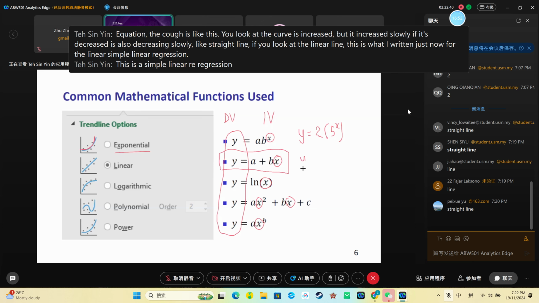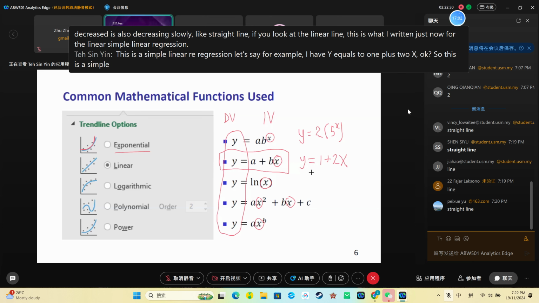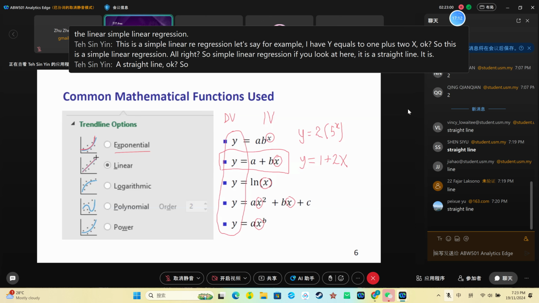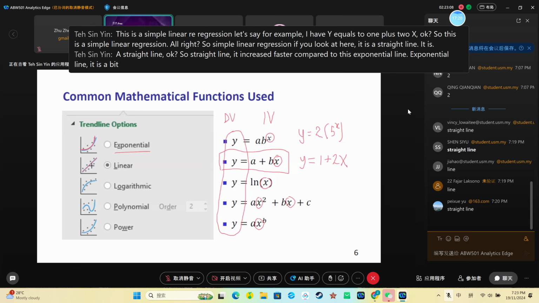Let's say, for example, y equals 1 plus 2x. This is a simple linear regression, and it is a straight line. A straight line increases faster compared to this exponential line. The exponential line is a bit slower compared to linear.